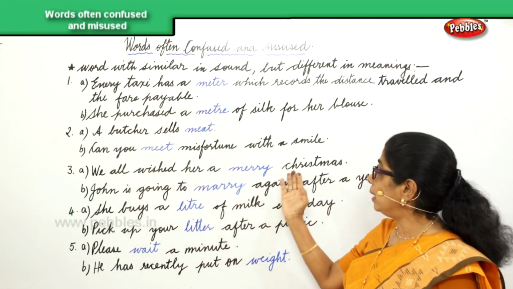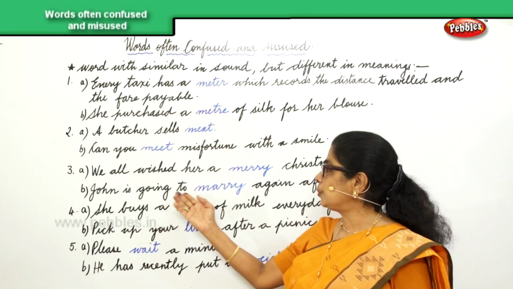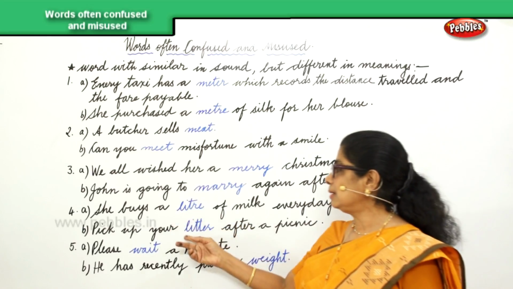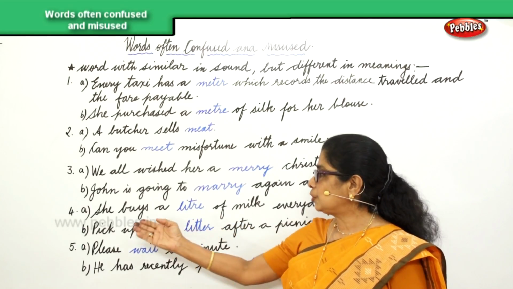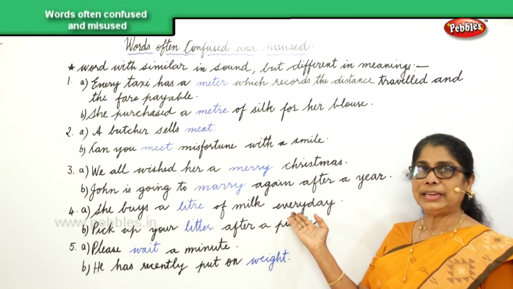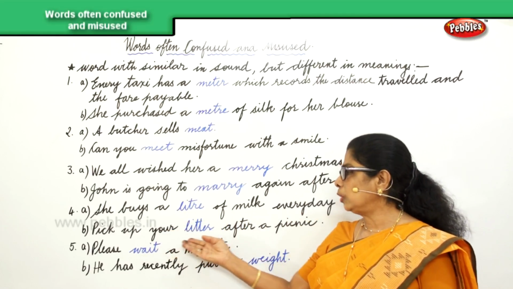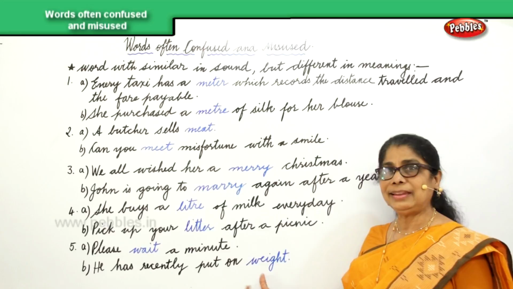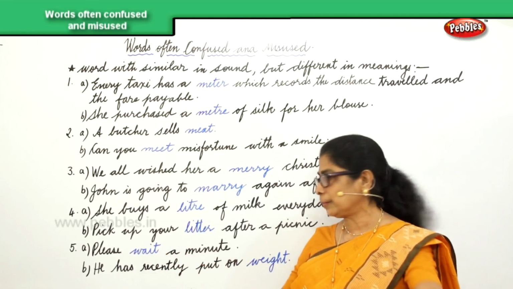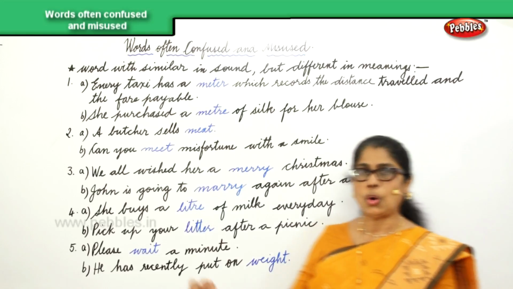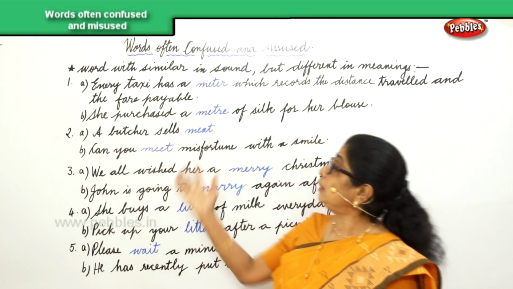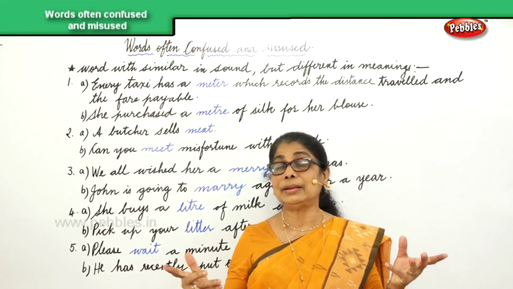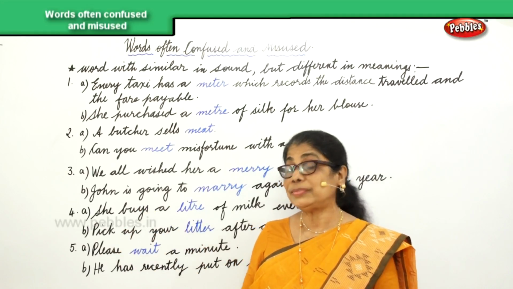We all wished her a Merry Christmas. John is going to marry again after a year. Litter and liter. She buys a liter of milk every day. Pick up your litter after a picnic. Next, wait and weight. Please wait a minute. He has recently put on weight. So we learned the usage of words with similar sound but different spelling, which are called homophones, in these five sets of sentences.